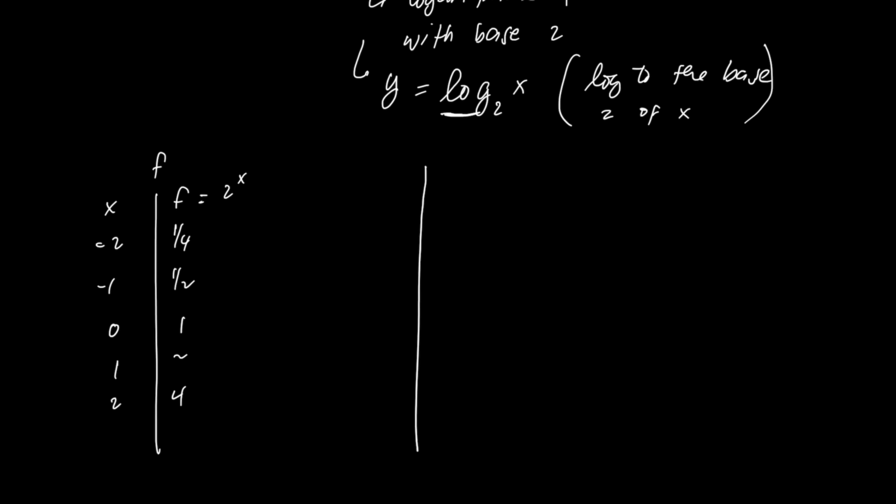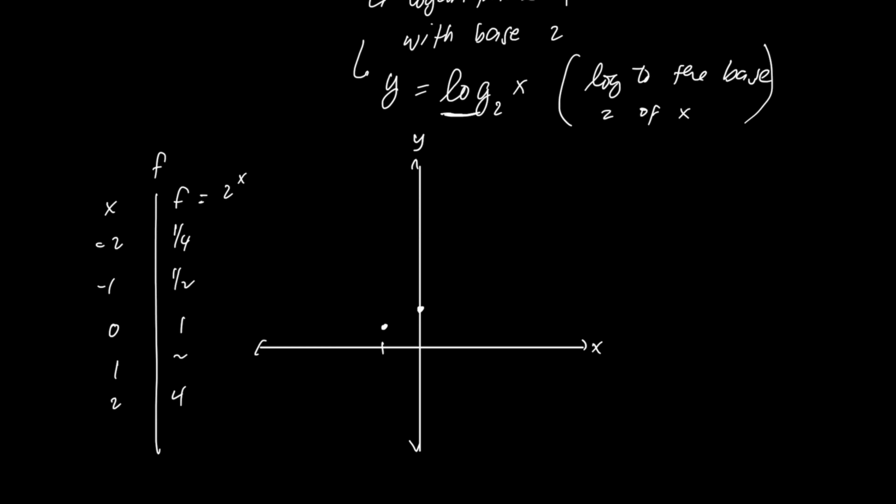And the graph of that, if we could just repeat the graph of that. So we have x and y. So again, for 0, 1, this is 0, 1. And negative 1, 1/2.